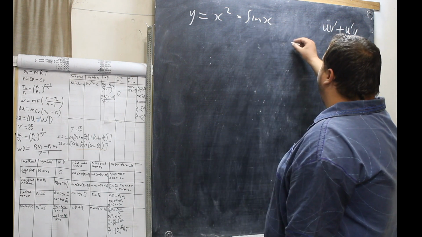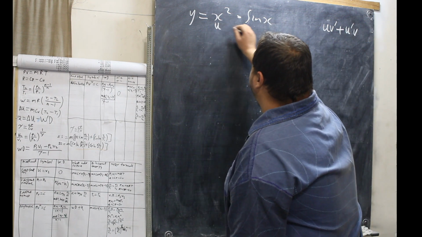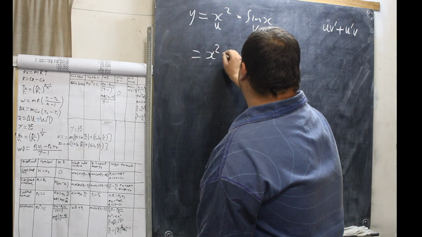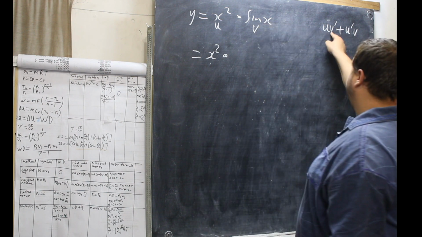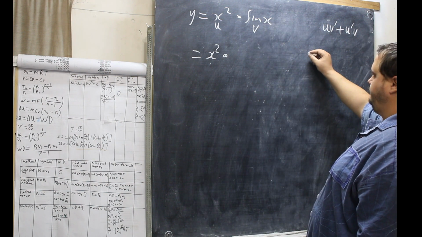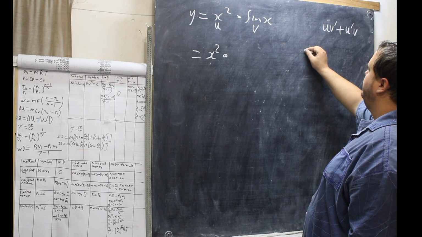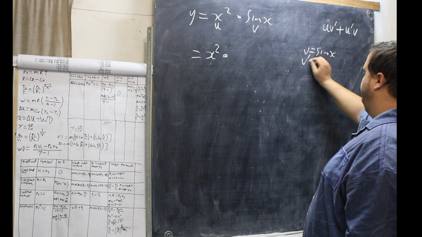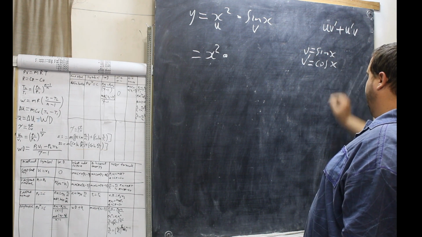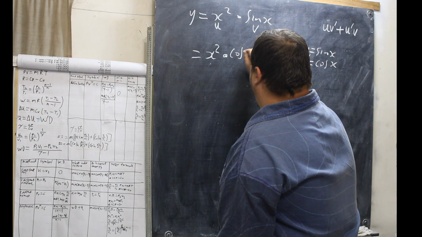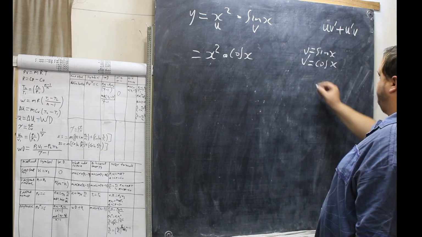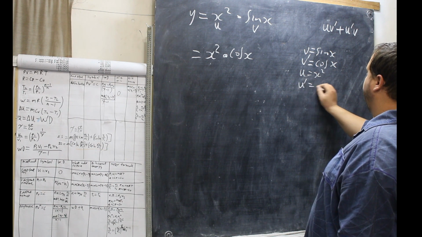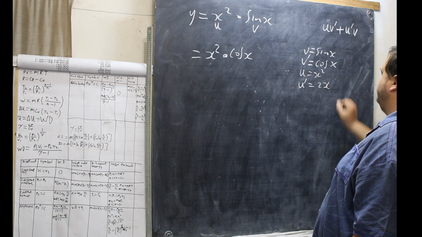So, we're going to say this is u and that's v. So, we're going to say x squared times v prime. v prime is the derivative. So v is equal to sine x, v prime is equal to cos x. So it's cos x. u is equal to x squared, u prime is equal to 2x.